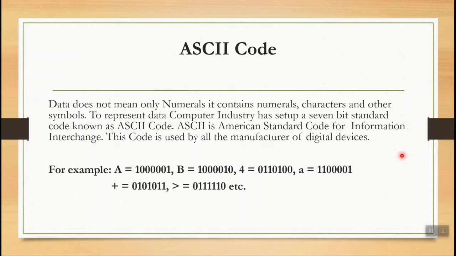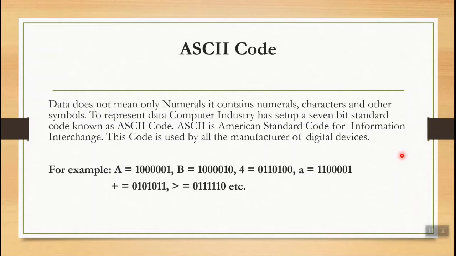We need numerals, we need characters, we need special symbols like greater than, less than, equal to. We need capital alphabets, we need small alphabets. So many combinations of characters are used in computer. So how do we do it? That is why ASCII code has come.